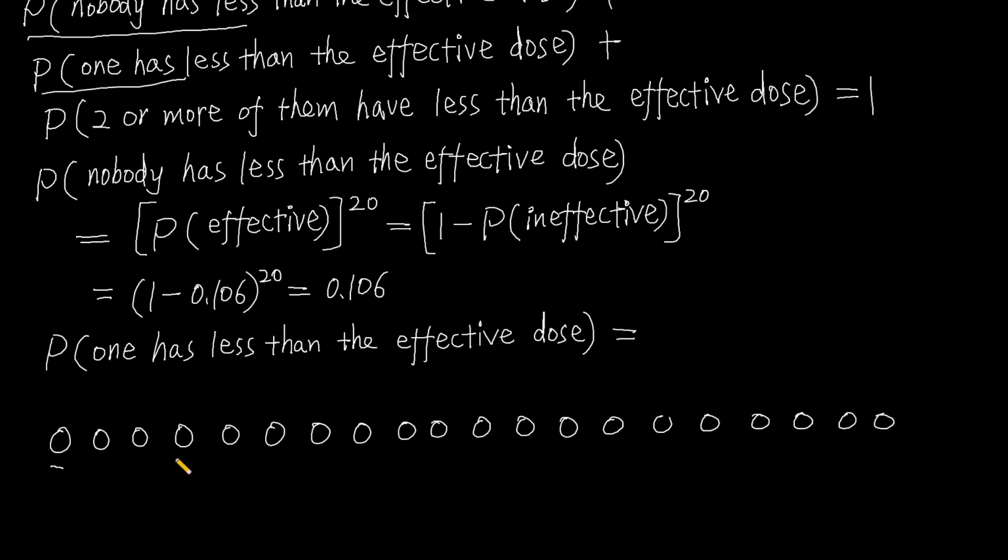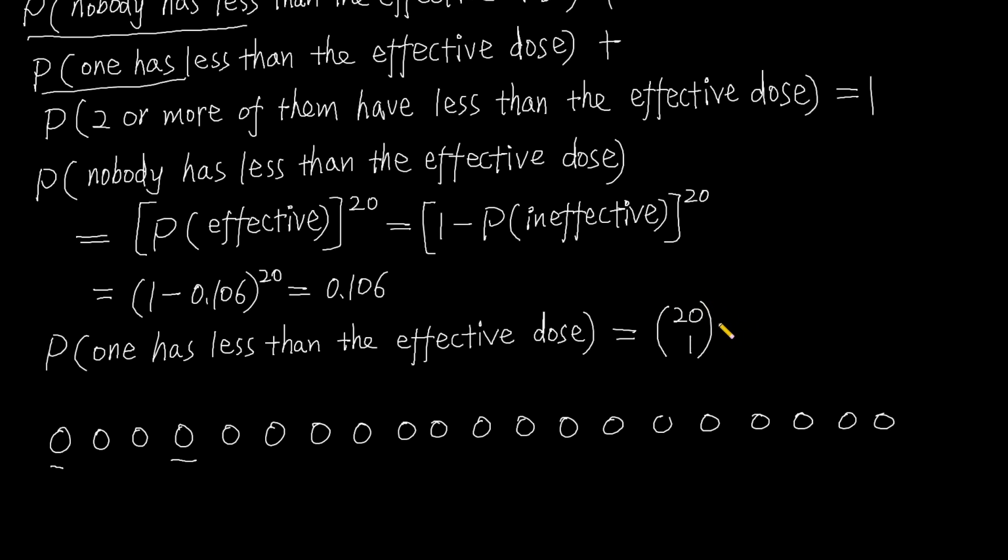It also can be the fourth person, or anyone among the 20 people, and the remaining people have the effective dose. So there are many cases. The total is that we choose one person from the 20 people, so there are so many ways.